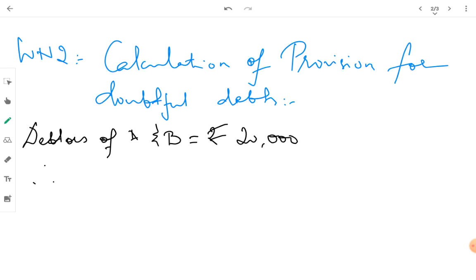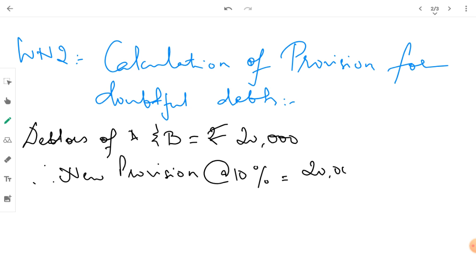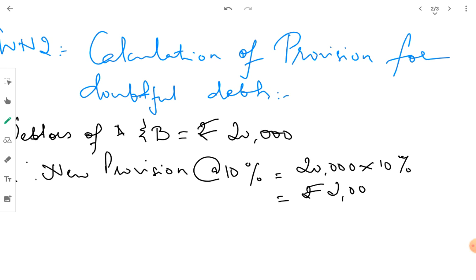Therefore, new provision for the debts of A and B at the rate of 10% is equal to 20,000 into 10% is equal to rupees 2,000. And this 2,000 is the amount which should be shared between A and B.